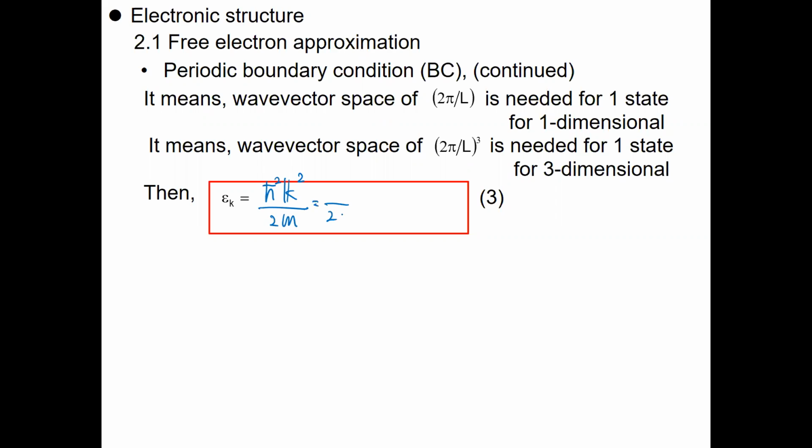And for each k state, you need to have (2 pi over L) cubed, with k squared equal to k_x squared plus k_y squared plus k_z squared. So you can write the energy of the electron with wave vector k like this. So it's quantized.